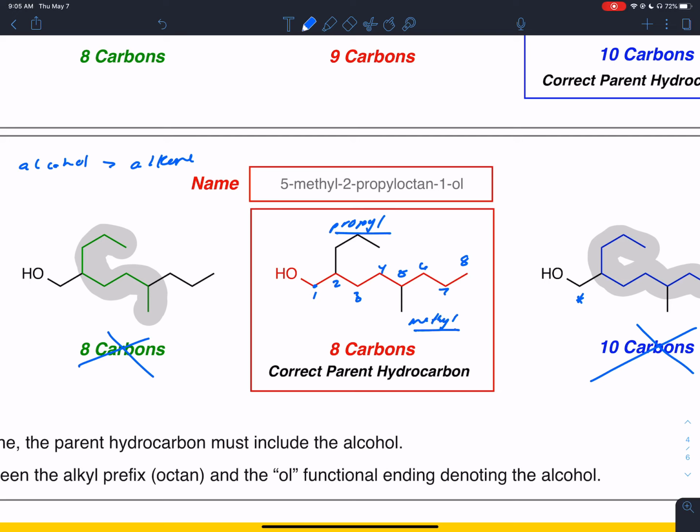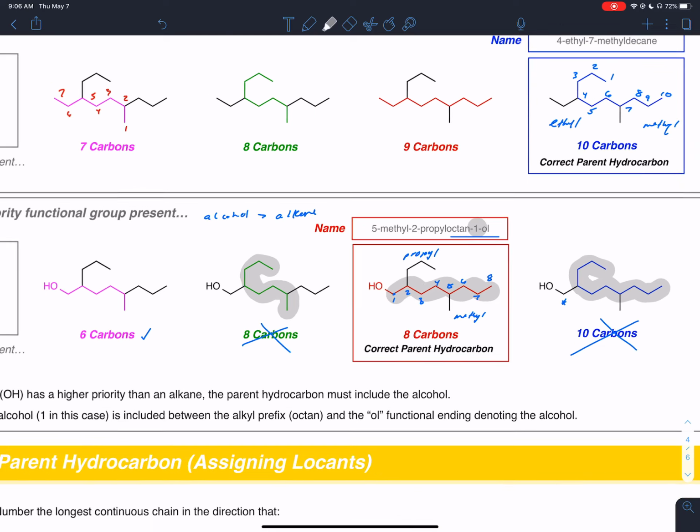And those substituents are named in alphabetical order. And then when you have a higher priority functional group than an alkane, it's at the end of the name between kind of this alkyl prefix component and the functional ending that we will provide a locant to denote where our highest priority functional group is on our longest continuous chain.